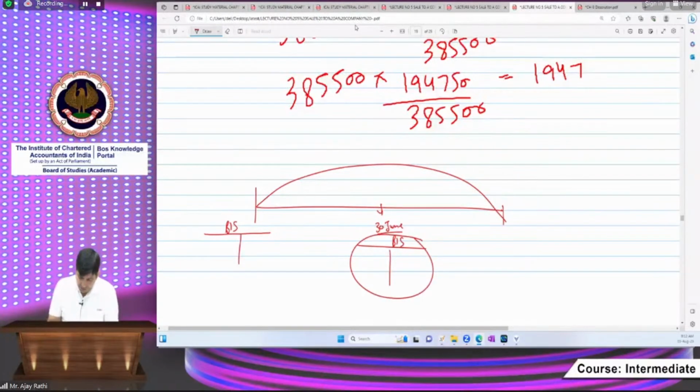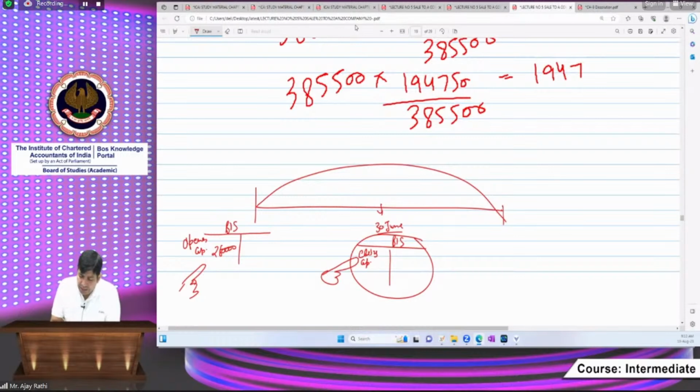Beta, see, here is the opening capital. That is 2,60,000. First, we have to find out this 2,60,000 so that we can compare this figure with this capital, as we did in the earlier question. Why do we have to find out this net capital?